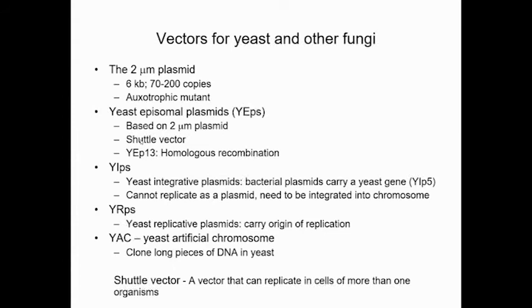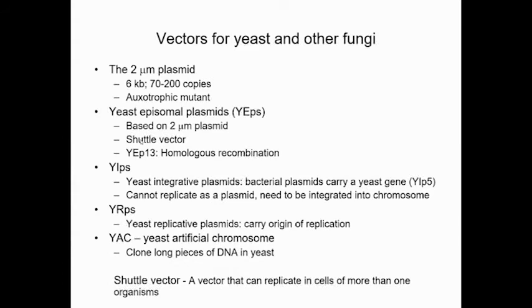And then the example would be YEP13. The YEP13 can perform the homologous recombination, which we will explain in a later slide. The homologous recombination basically will help the recombination occur when this plasmid is introduced into the cell, so that you can replace the chromosomal DNA.